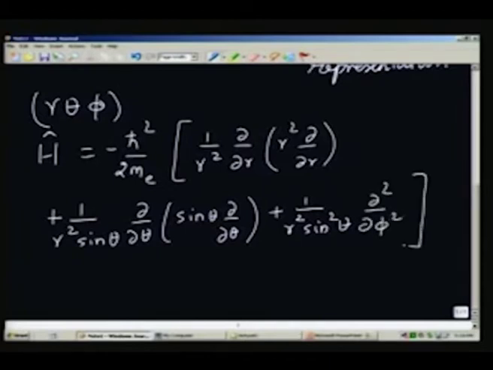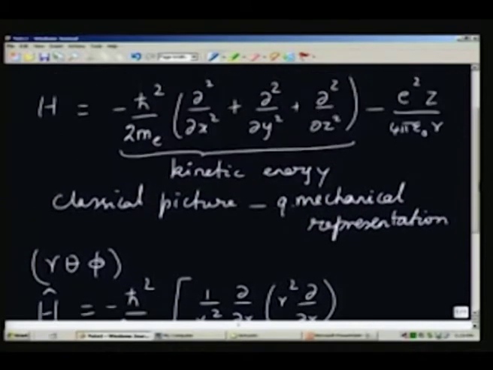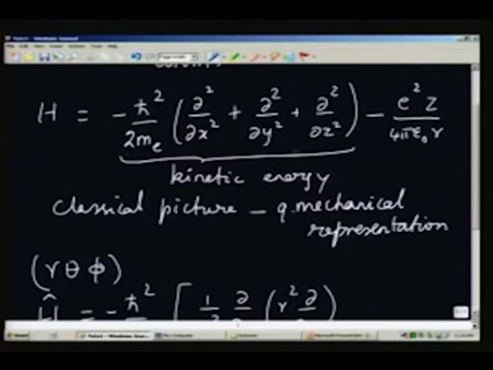This is the polar coordinate representation of the kinetic energy term that you have.